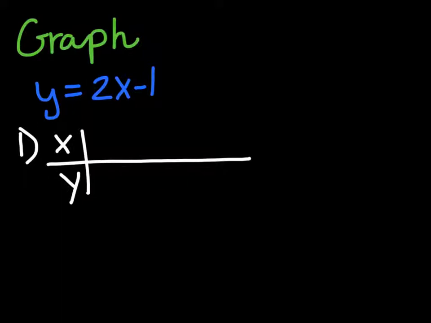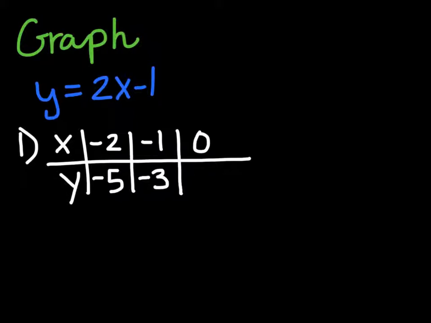We'll begin with x being equal to -2. If we substitute -2 into this original equation, y will equal -5. Then we'll simply go up by a value of 1. If we substitute in -1, y is equal to -3. If x is 0, y is equal to -1. If x is equal to 1, y is equal to 1.